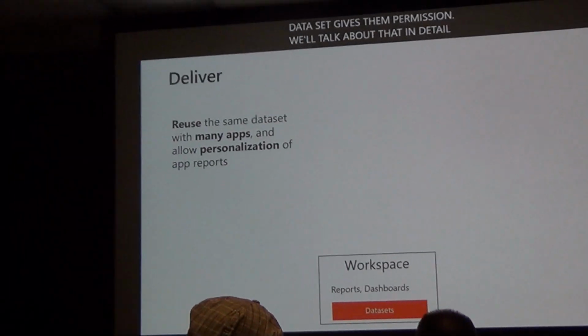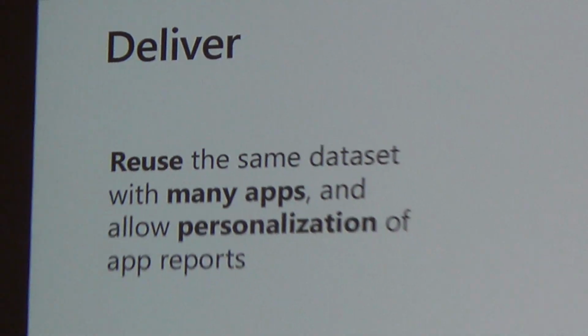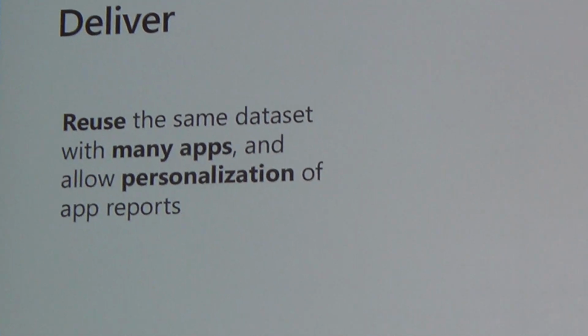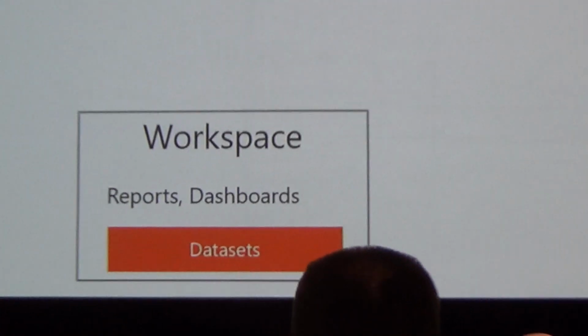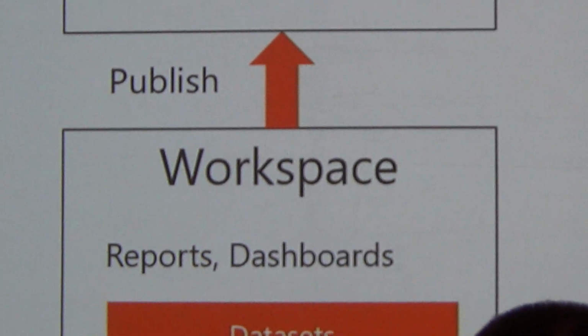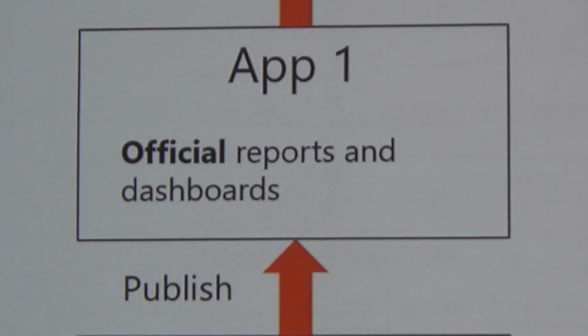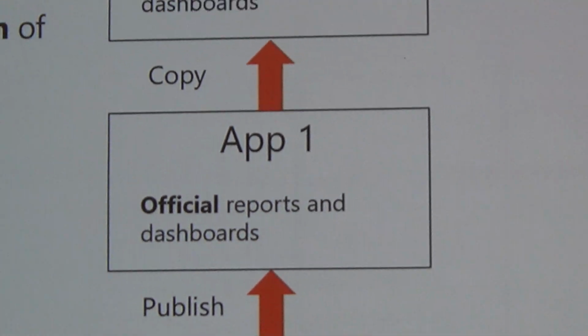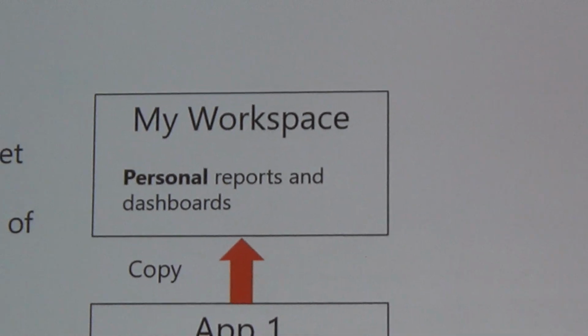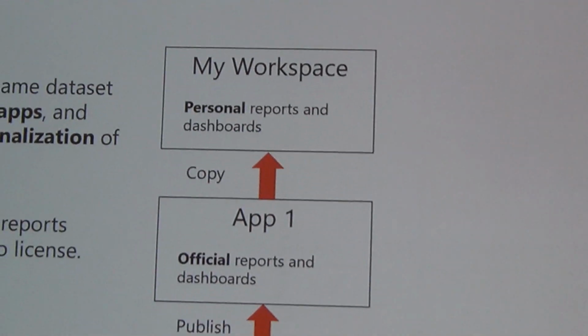The next thing to say is that when I'm taking these reports and these dashboards, I might want to deliver them out to end users. And one of the key things that we've done is that we've enabled a flow where, as an app user, I could actually save a copy of an app report.